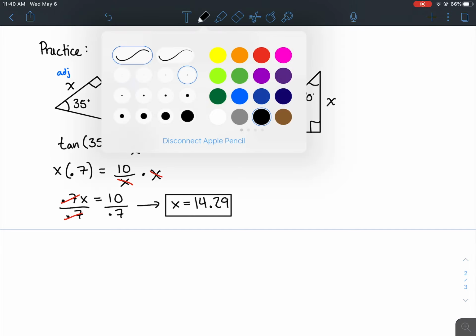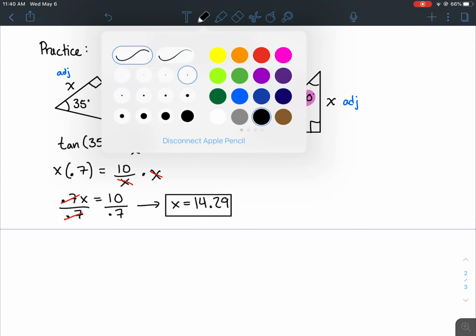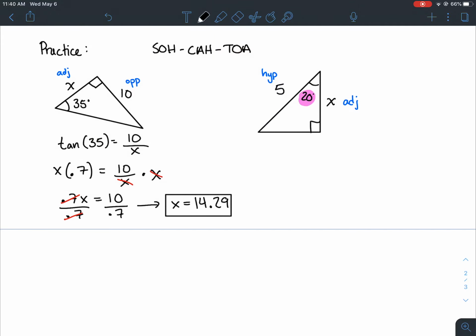So on this one, if we go ahead and label, this is the hypotenuse, this is my adjacent. Remember, we're always doing that in reference of the angle given. So if I have the adjacent and the hypotenuse, I'm going to be using cosine.